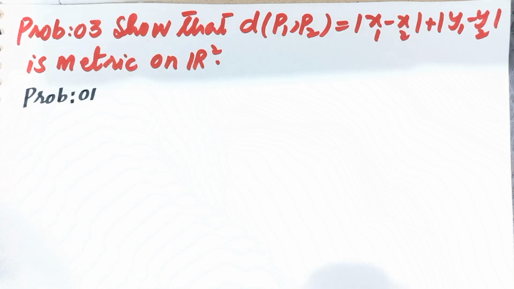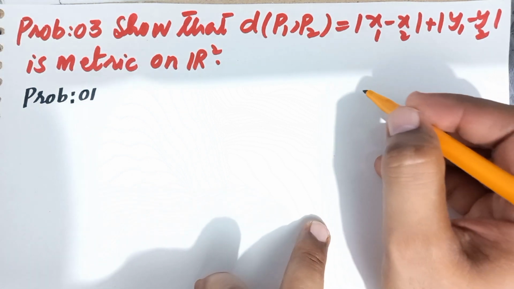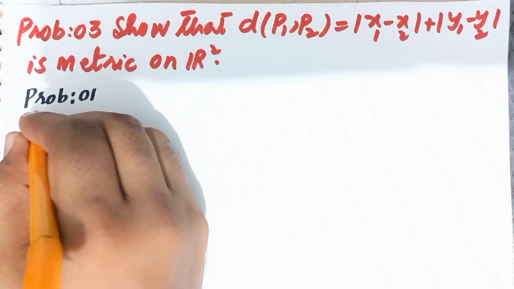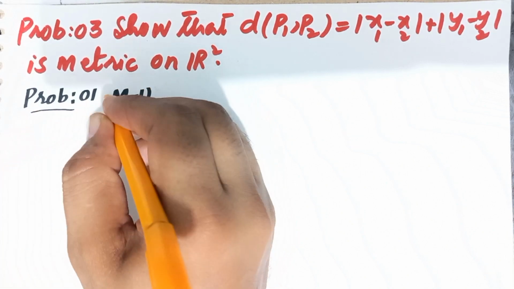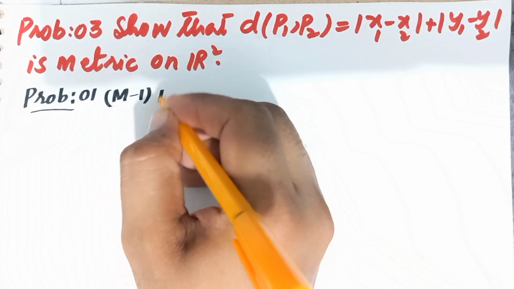As you know, there are 4 properties of any metric space. The first axiom of a metric space is non-negativity.